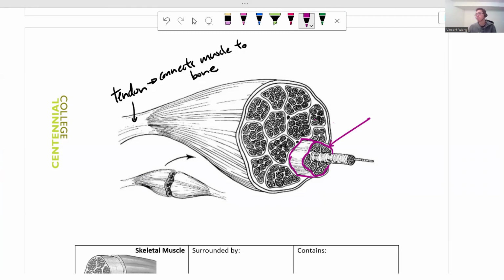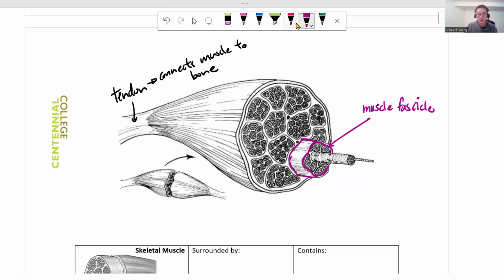What is that? Perimysium. Yes, that's the membrane that surrounds it. But I'm thinking about that whole thing. The muscle fascicle? Yes, that is the muscle fascicle. Very good.